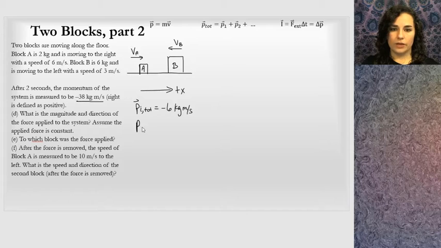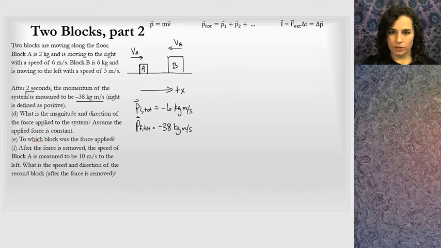And then now we have some P final for the total, -38 kilograms meters per second. Okay, I don't think they're touching. I don't see how the picture from the initial to final might change. So I'm going to leave it there and see what the question's asking me.